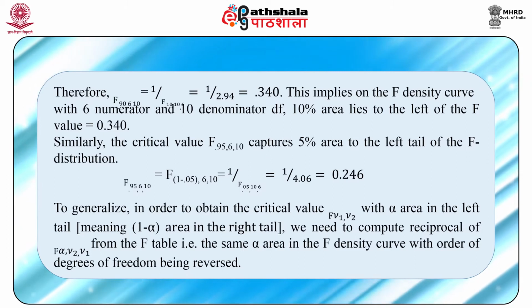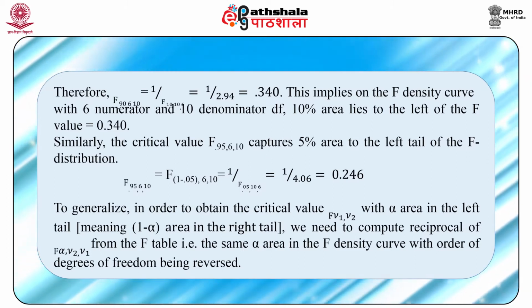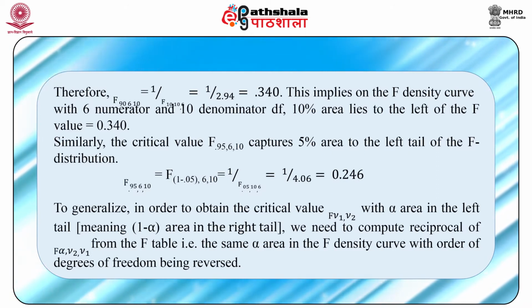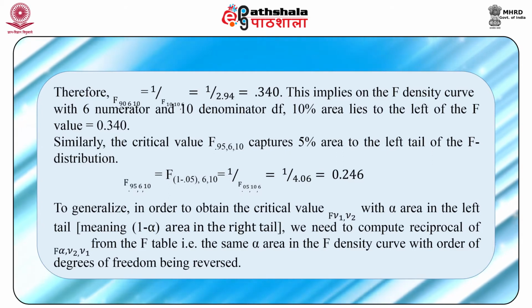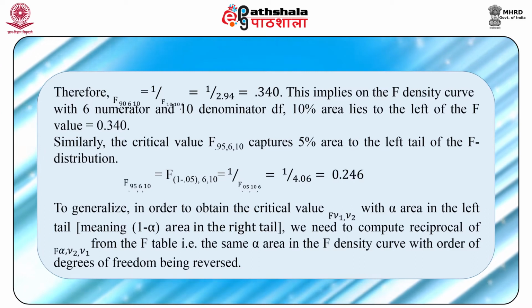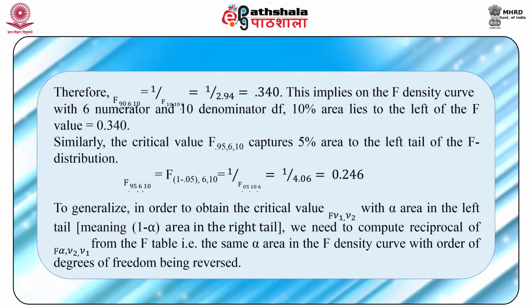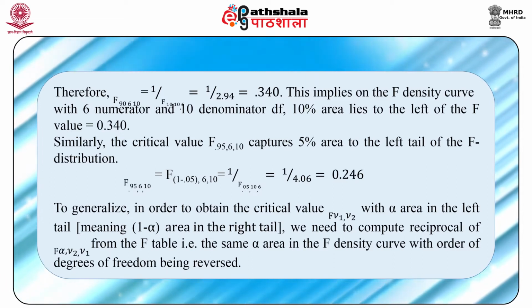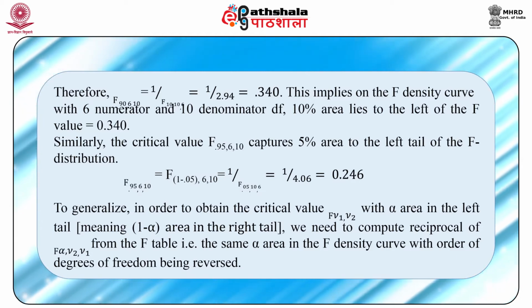Therefore, you can see that f 0.90 for 6 and 10 degrees of freedom is equal to 1 upon f 0.10 for 10 and 6 degrees of freedom, which is 1 upon 2.94, and therefore equal to 0.340. This implies that on the F density curve with 6 numerator and 10 denominator degrees of freedom, 10% area lies to the left of the f value, which is equal to 0.340.